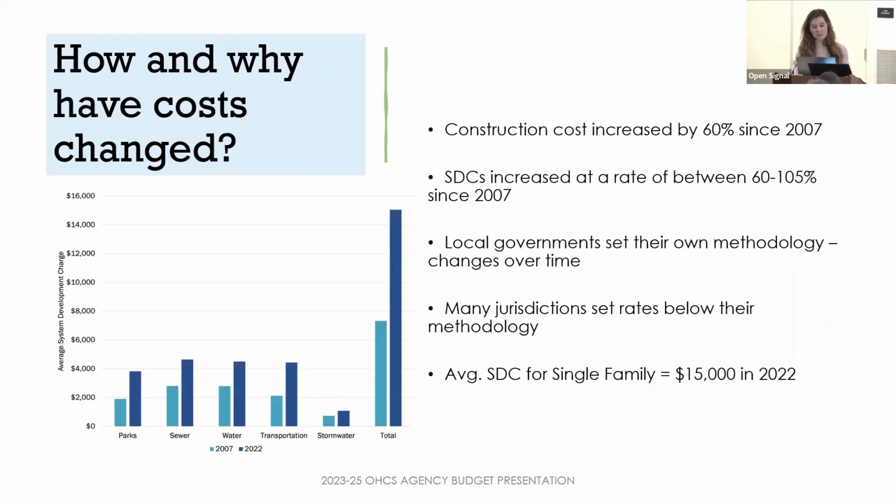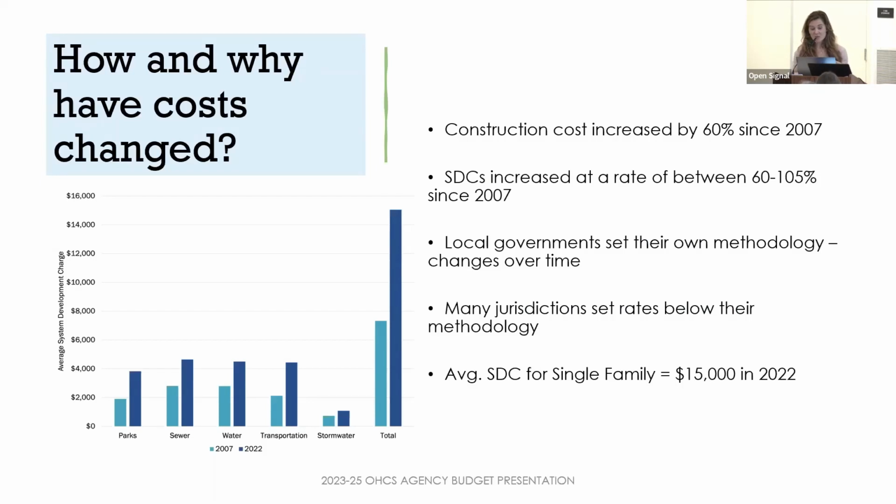So when we think about paying for infrastructure and why SDCs are charged at all, it's important to understand how much is being charged for each type of SDC. This graph shows the cost of SDCs in 2007 and in 2022. As you can see, parks and transportation are increasing at a faster rate than others.